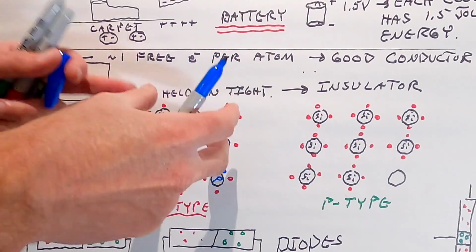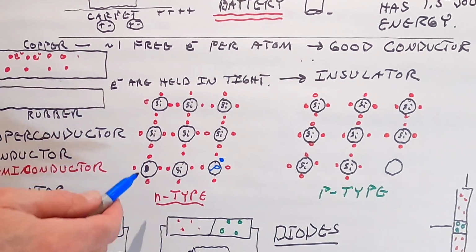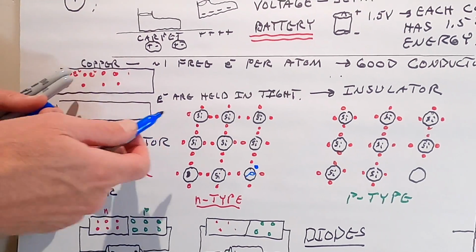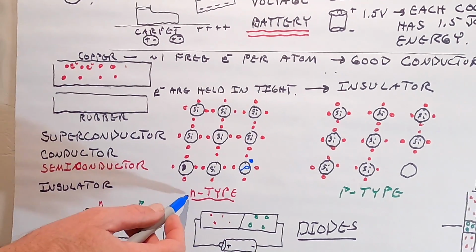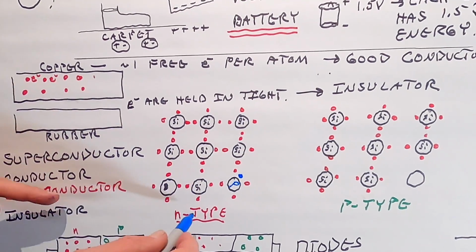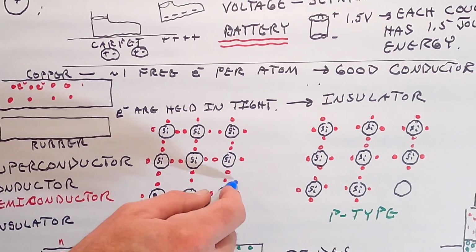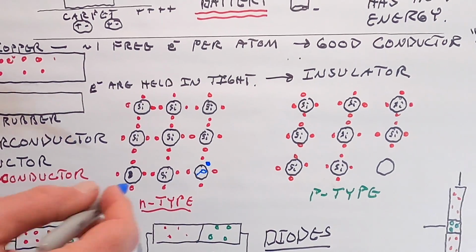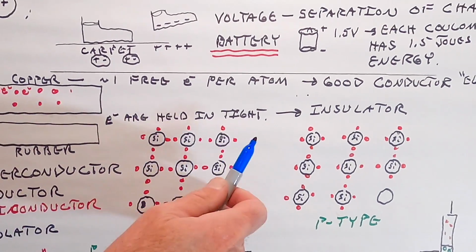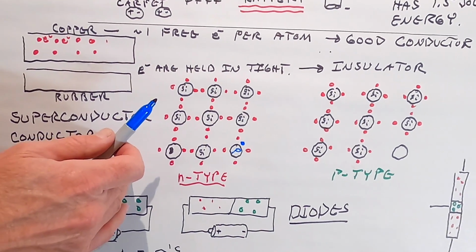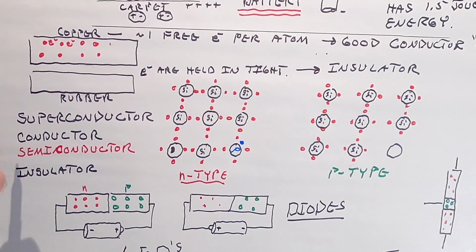If I were to sprinkle a lot of phosphorus on here, I could make this a better conductor. So I could vary it. They call it doping. And we call this an N-type semiconductor, because N means negative charge. So I can make it really conductive by putting a lot of this on, or I can make it more insulative by hardly putting any on.